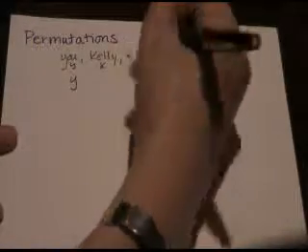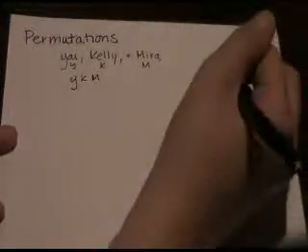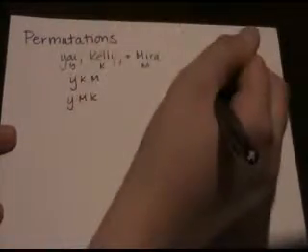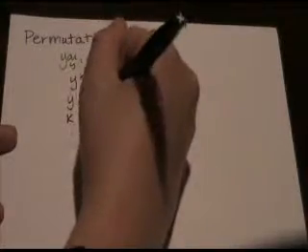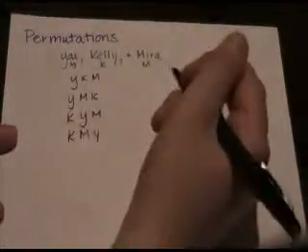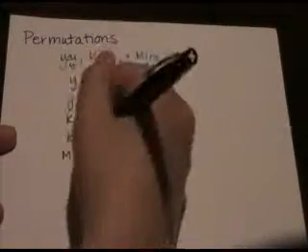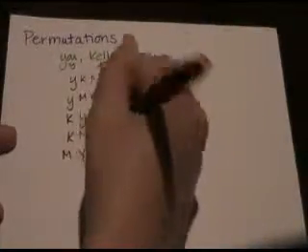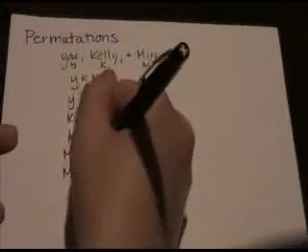You'd say, okay, it could be you, and let's go ahead and abbreviate again. You, Kelly, Mira. It could be you, Mira, Kelly. Or what if Kelly was first, and then you, and then Mira? Or Kelly, Mira, and you. Or Mira could be first, with you, and then Kelly. Or Mira, and then Kelly, and then you.